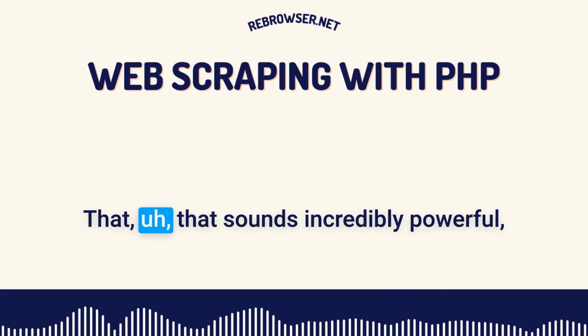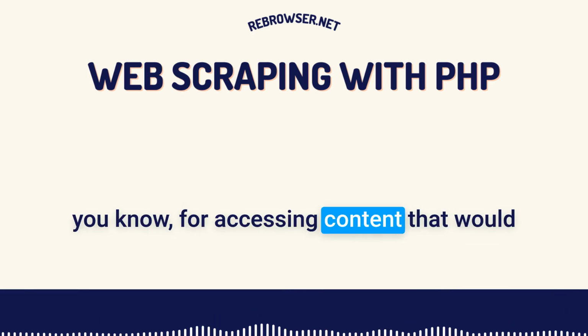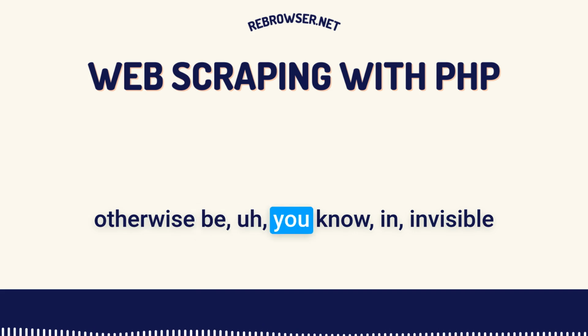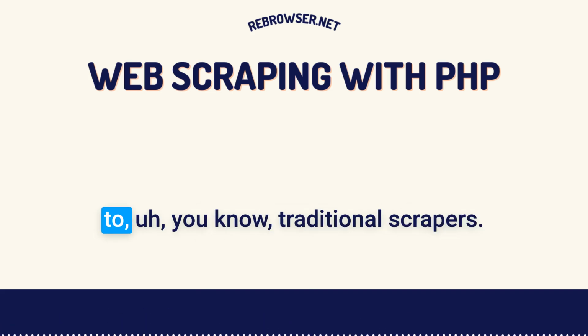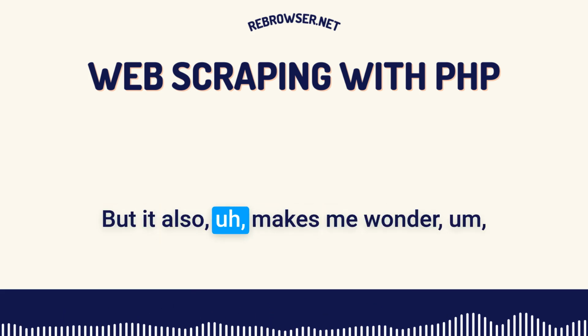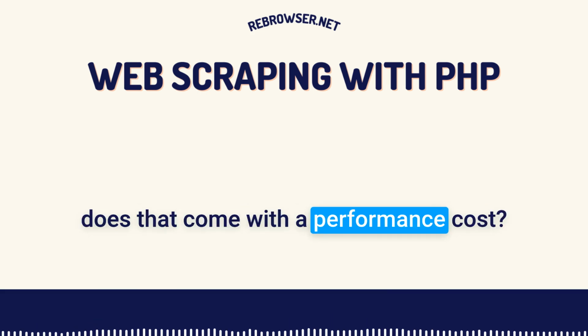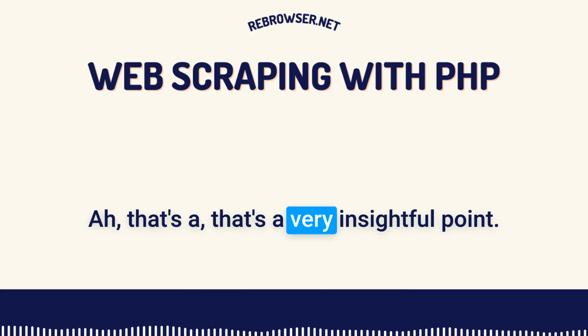That sounds incredibly powerful, for accessing content that would otherwise be invisible to traditional scrapers. But it also makes me wonder, does that come with a performance cost? That's a very insightful point.